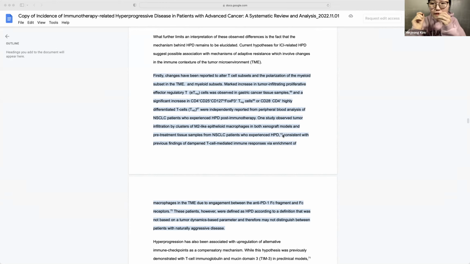The second one was a previous study done in vivo in mice models. Is this from, I guess, a Chinese author? Yes, Zing. He's from, I don't know where, Wisconsin, I forgot.